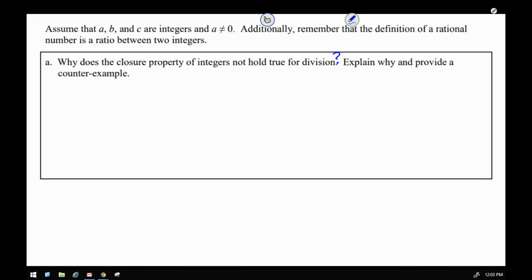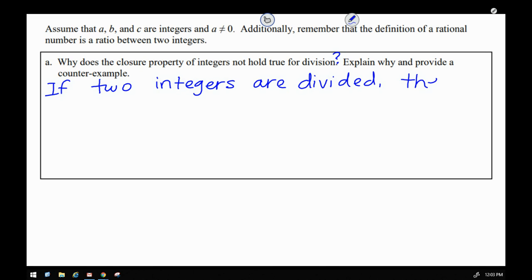So it does not hold true for division because if 2 integers are divided, the result is not always another integer.